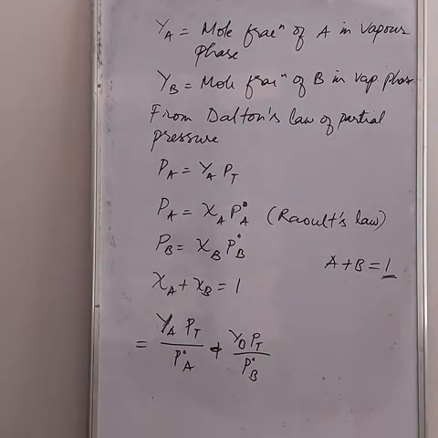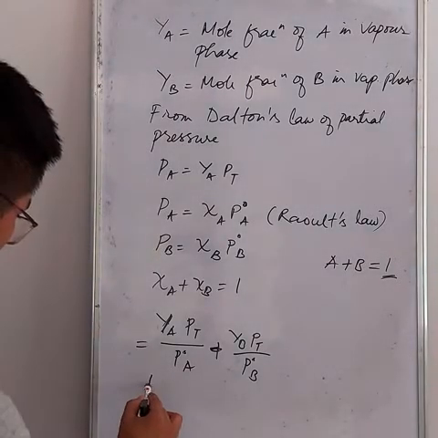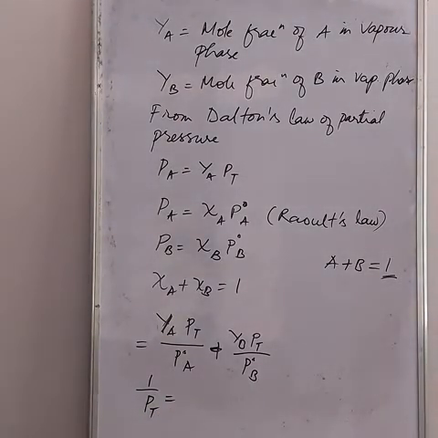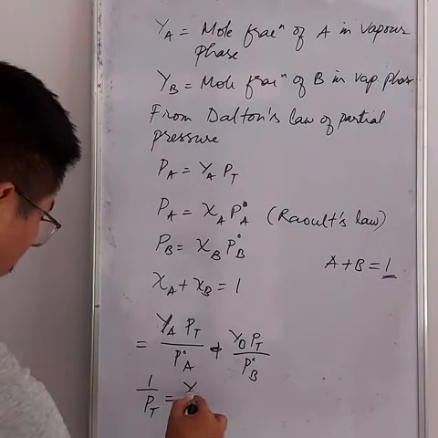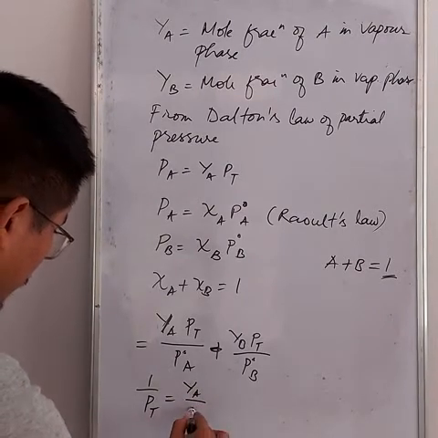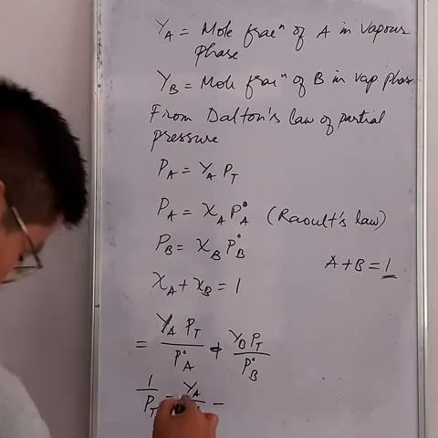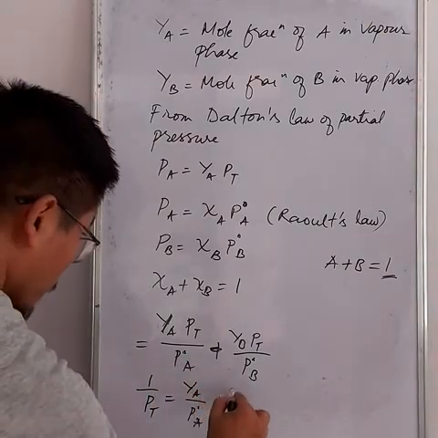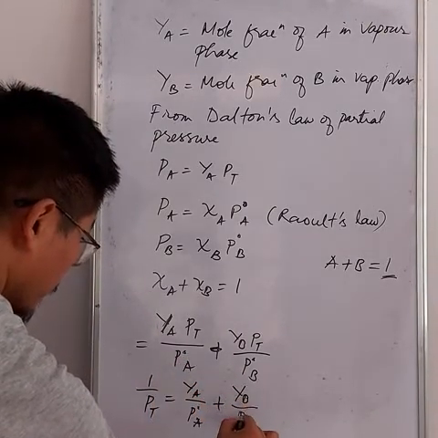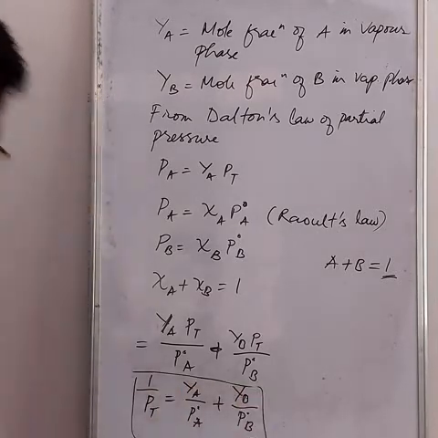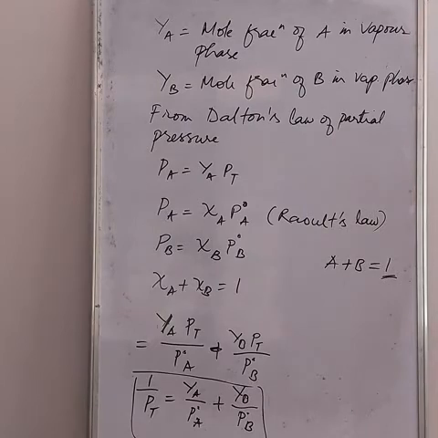So we can simply say that 1 over PT is equal to yA over P naught A plus yB over P naught B. So this is one equation which we'll continue to use.